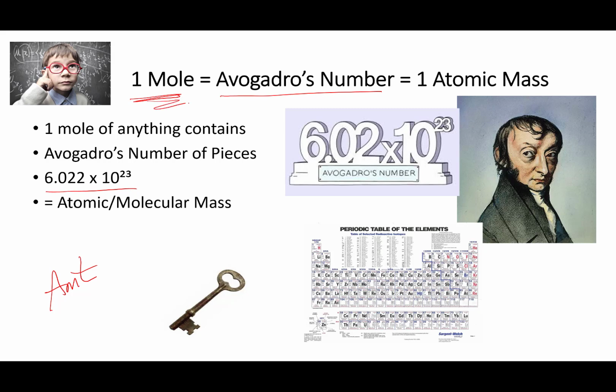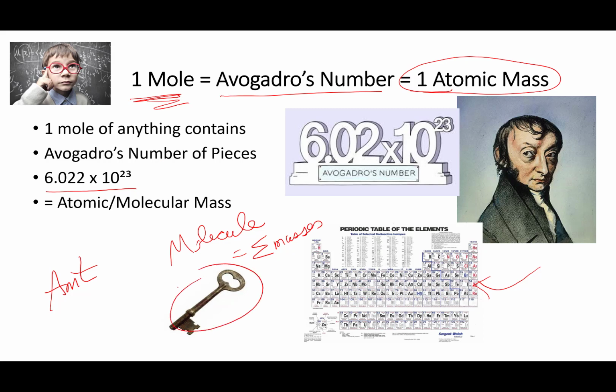And 1 mole of them is going to have the mass, if we're talking about an element, of that element's mass on the periodic table, or if it is a molecule, it is going to be equal to the sum of the masses of all of the individual parts. So Avogadro's number and the mole, this is the key for actually doing math with chemistry.